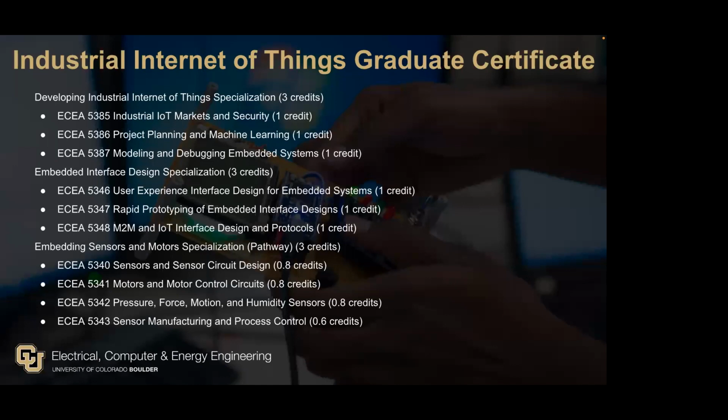So to address the needs of industry in the Internet of Things, we offer this Industrial Internet of Things graduate certificate. It includes 3 specializations. First, Developing the Industrial Internet of Things, which describes the whole business of creating small computer systems that go inside of machines and maybe talk machine to machine and so on.